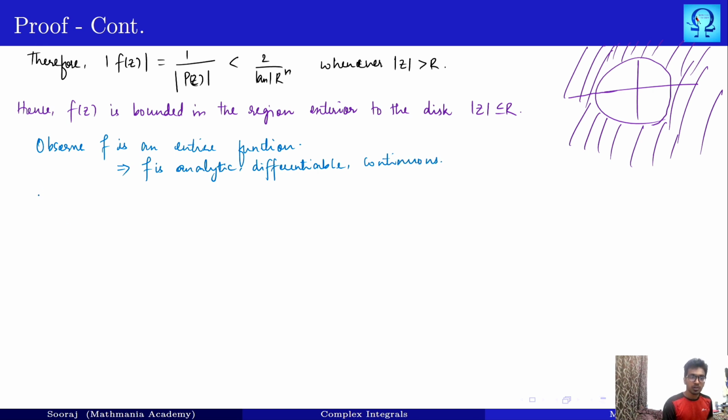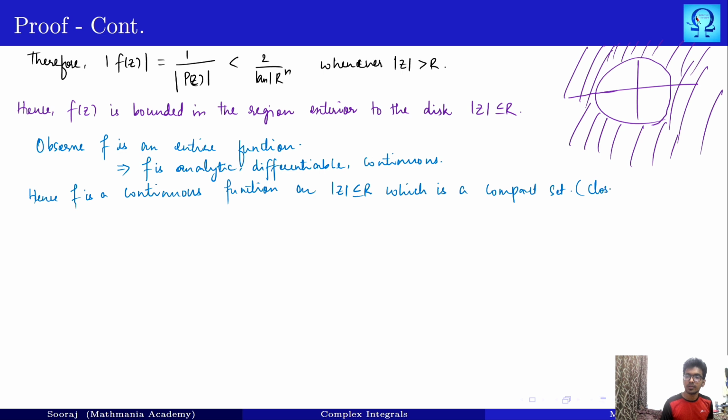Okay, so f is a continuous function on absolute of z smaller than or equals r, which is a compact set. In simpler terms, we can have it as closed and bounded.